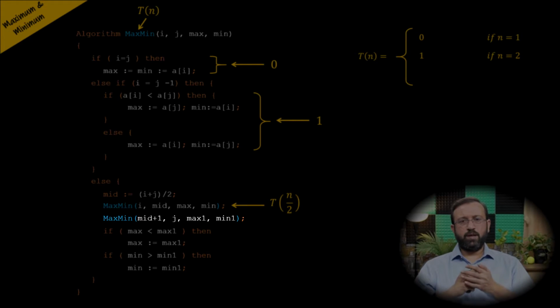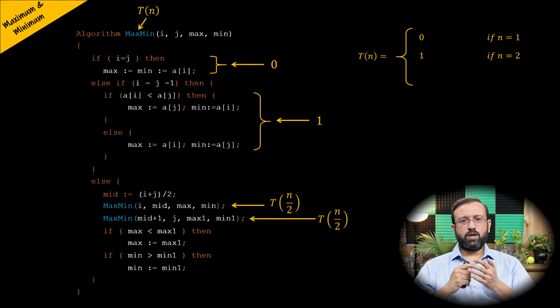Then we have the recursive call to the MaxMin algorithm for the right subarray. So each time the recursive call is made, it is on the right half of n. And since the MaxMin algorithm takes t of n, this statement will be taking t of n by 2 to compute. Then we have two if statements making two comparisons for finding maximum and minimum element.